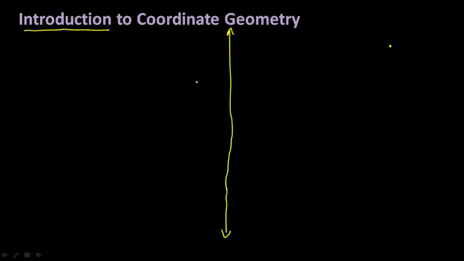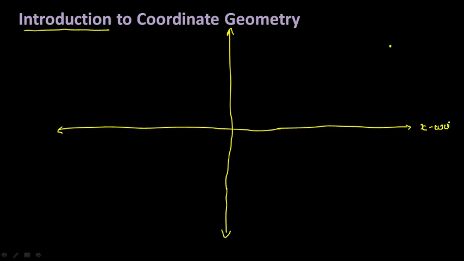This is the y-axis, guys, and this is the x-axis. You can see where both the axes intersect, that point is called the origin. This point is O. Actually, the full name is origin.